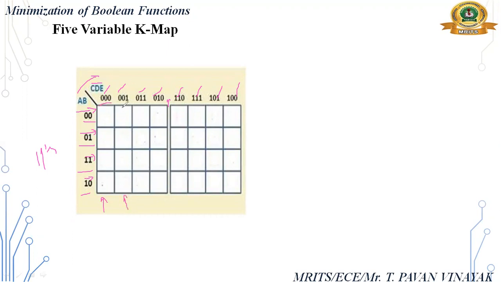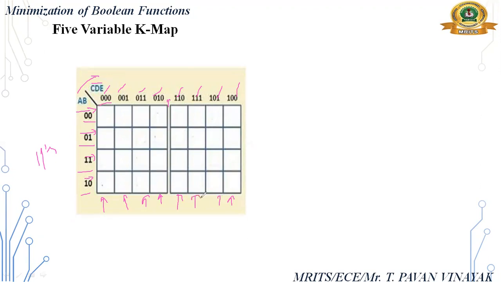First column 0, 0, 1. Second column 0, 1, 1, because this is gray code. Next 0, 1, 0. Next 1, 1, 0, then 1, 1, 1, 1, 0, 1, and 1, 0, 0. Like that.